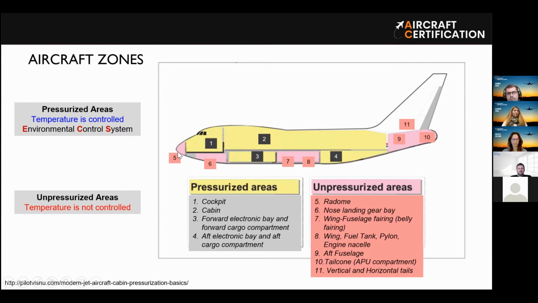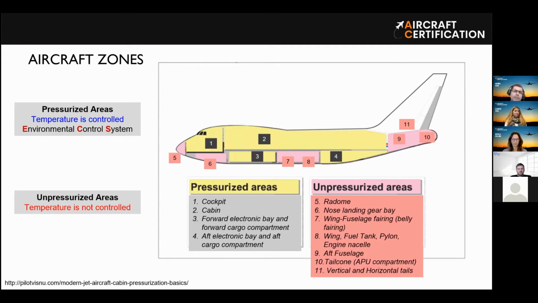Are those marked in this pink or red here, and those zones, they don't have a specific dedicated temperature control. But of course, we cannot let the temperature in those zones simply go anywhere. We have to guarantee that they are within acceptable limits as well.